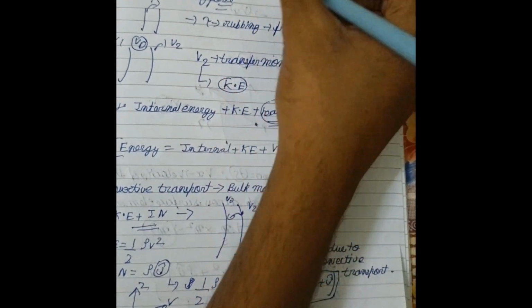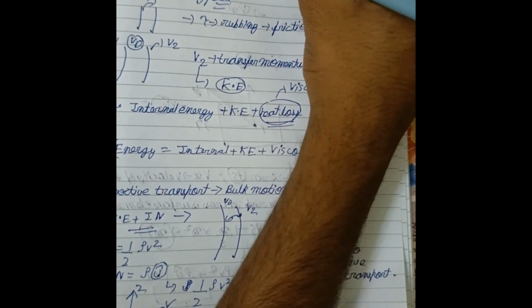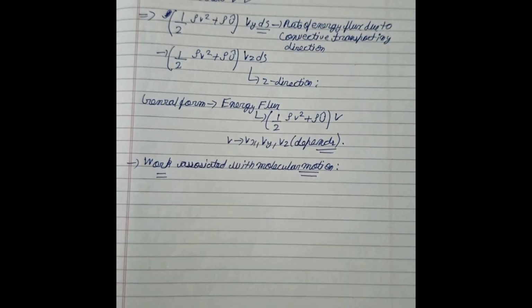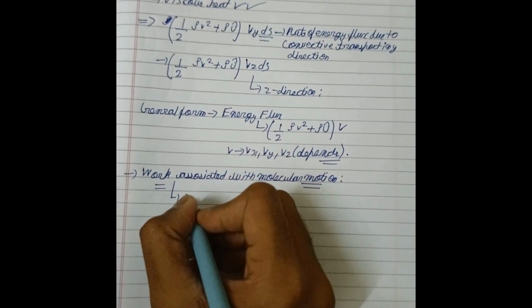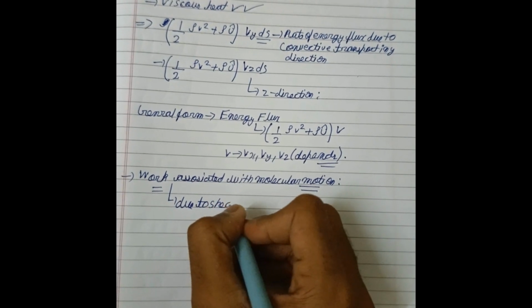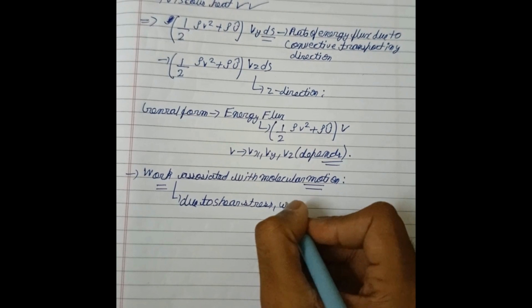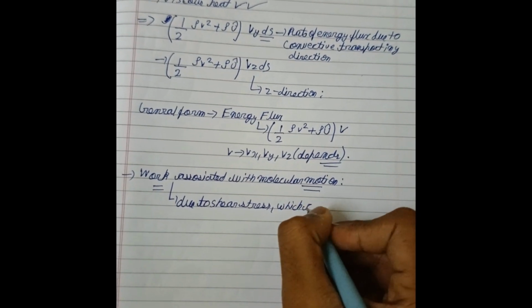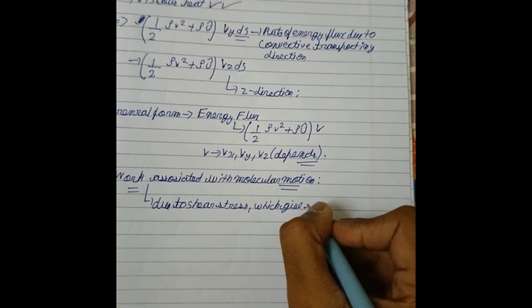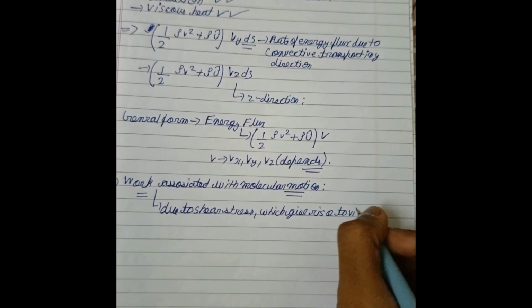There is going to be a shear stress introduced, which is the momentum flux. And due to molecular motion, there is only one thing, momentum flux. So it's going to be due to shear stress, which indeed gives rise to viscous forces.